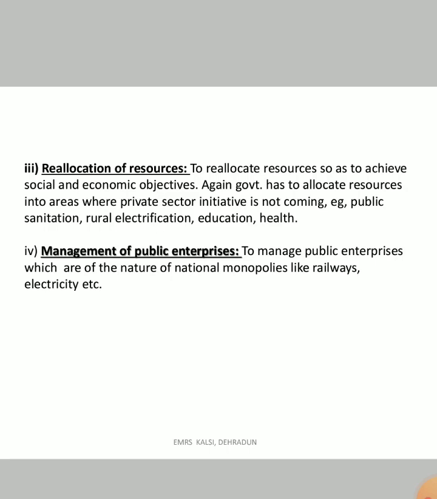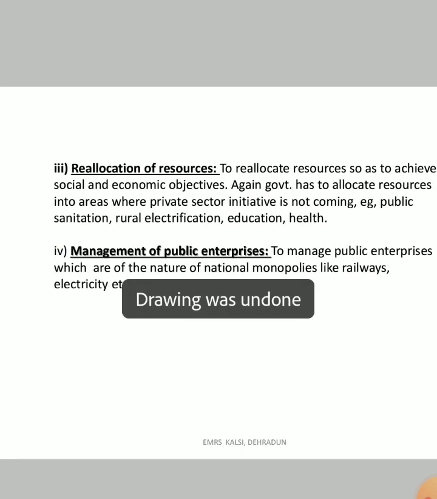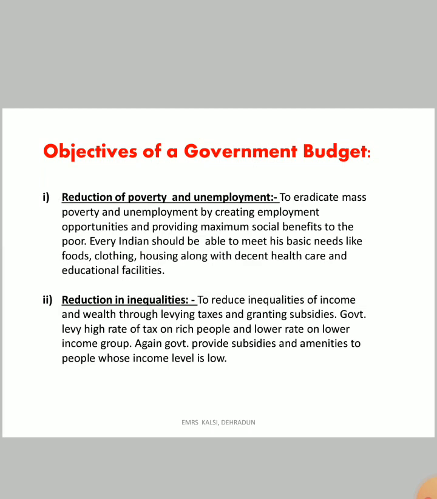One of the important objectives of government is to manage the public enterprises. Otherwise, if these enterprises are not managed, then the system will collapse. So these are the few objectives of the government budget.